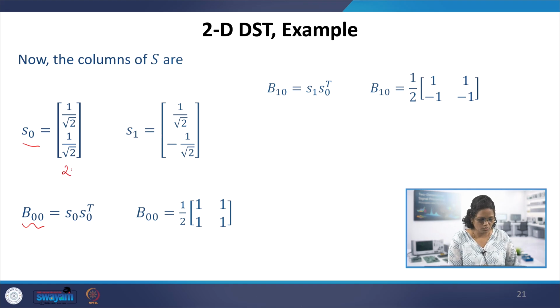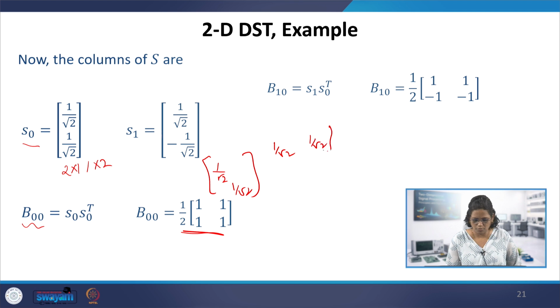So this will be 2 cross 1 and that will be 1 cross 2. We multiply the transpose and get 2 cross 2. That means this column, 1 by root 2, 1 by root 2, multiplied by this row, 1 by root 2, 1 by root 2, gives 1 by 2 into 1 1 1 1. The result of this multiplication gives B00.